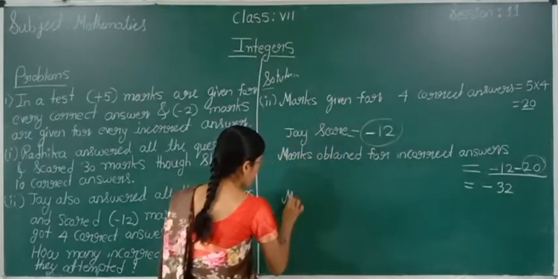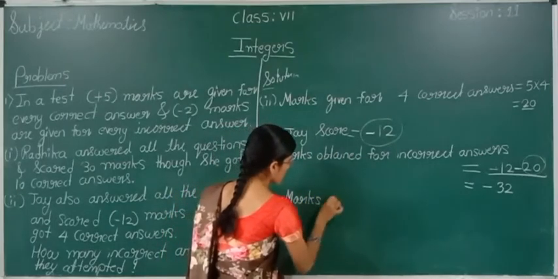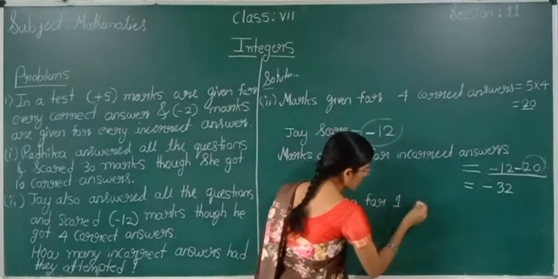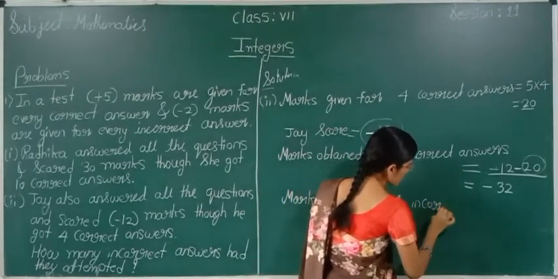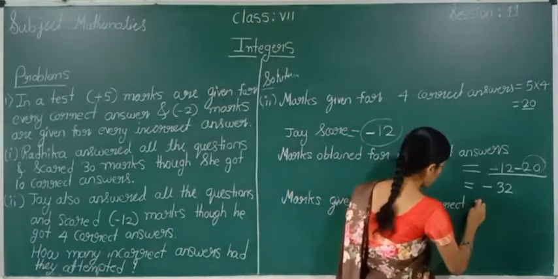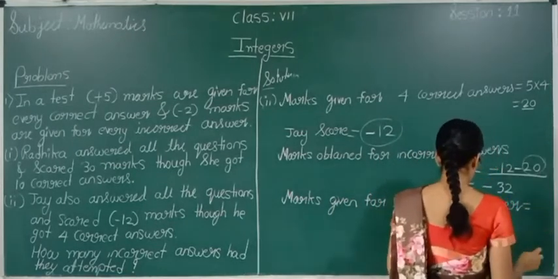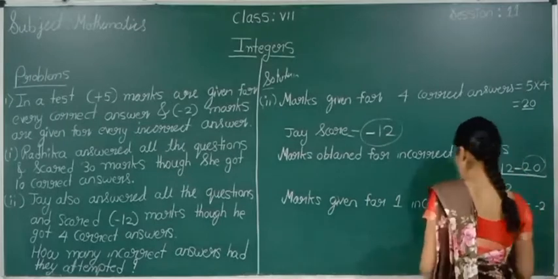Now marks given for one incorrect answer. How many have they given? Marks given for one incorrect answer is equal to -2.